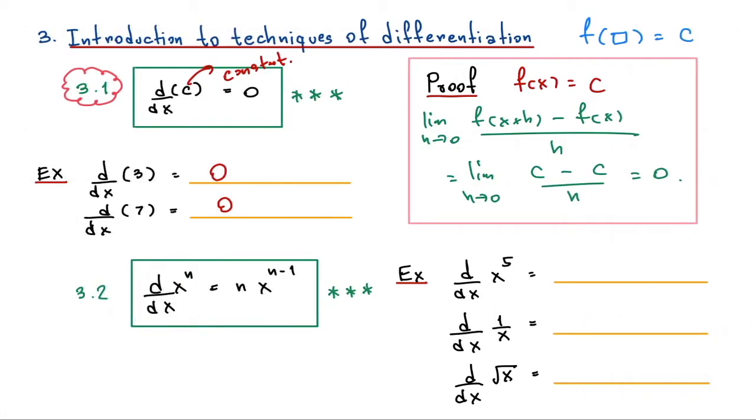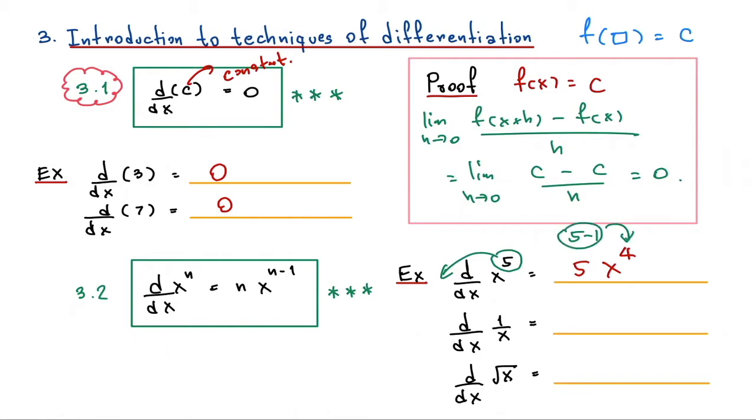The derivative of x to the fifth is 5x to the power of 4. You push the exponent to the front, and then you subtract 1 from the exponent, which gives 4.